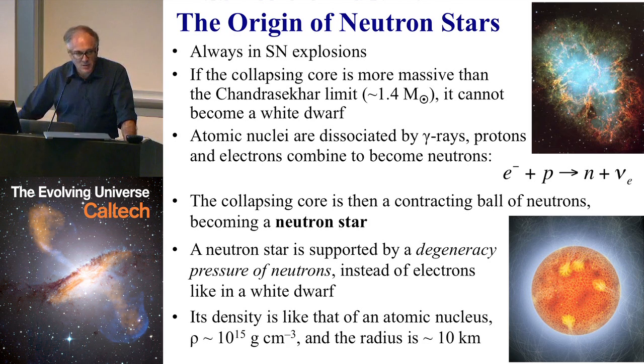So then, essentially what you have is almost like a gigantic atomic nucleus composed of neutrons and probably some other exotica. And the density is the density of an atomic nucleus because it's an incompressible degenerate fluid. And so it doesn't matter whether it's a handful of nucleons or a whole lot of them.